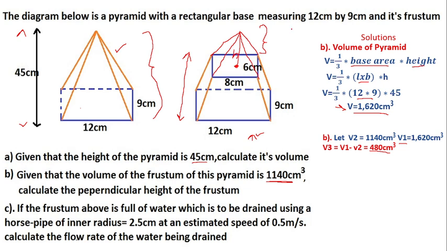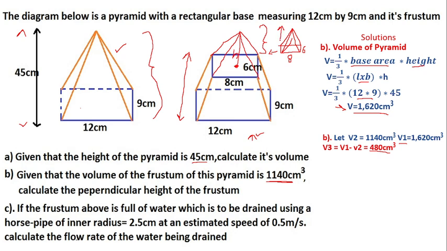So it's like we have a small pyramid on top here, which also has a rectangular base like this, right? So this is what we have here on top, and it has the measurements 8 centimeters by 6 centimeters, but its height is unknown, right?